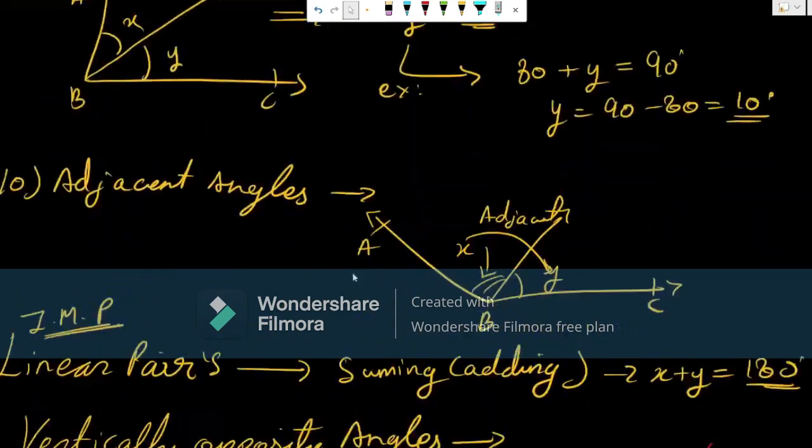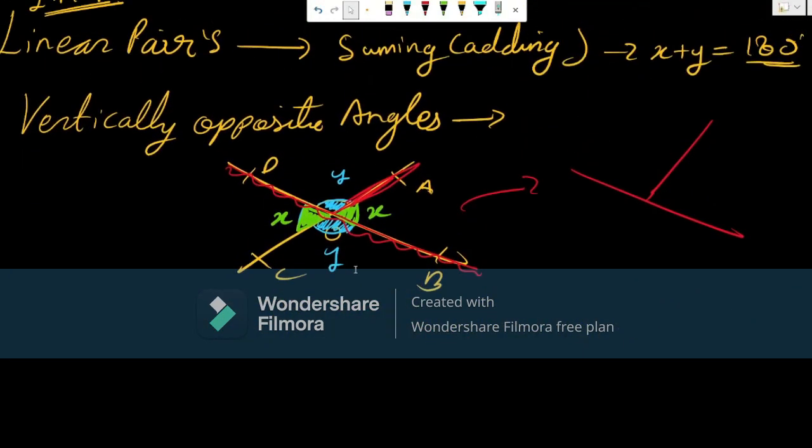This line is not always perpendicular. It can be anything, it can be leaned over here as well.